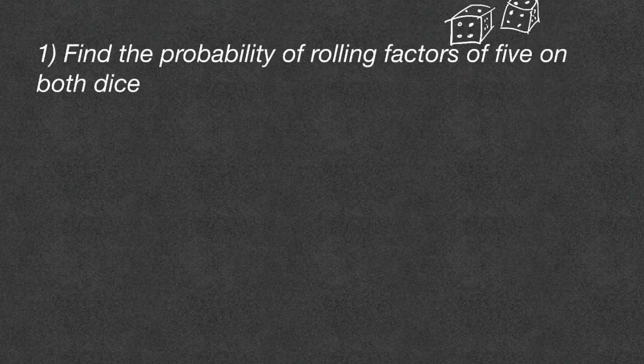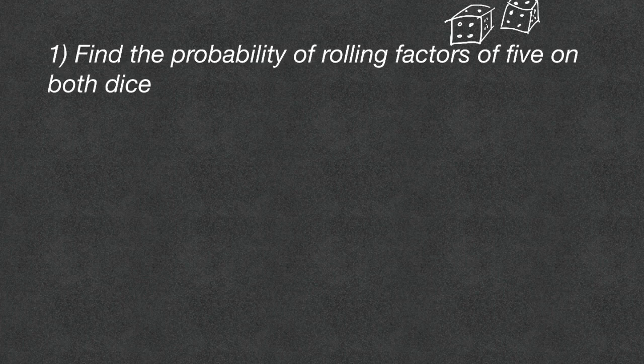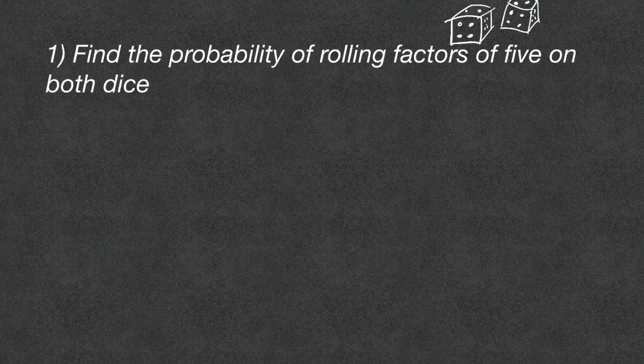Now we're asked to find the probability of rolling factors of 5 on both dice. Now, we'll try not to overthink this. First, what are the factors of 5?